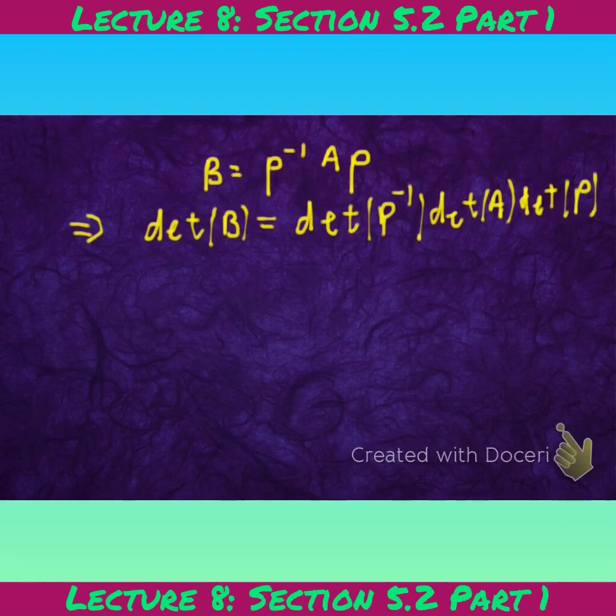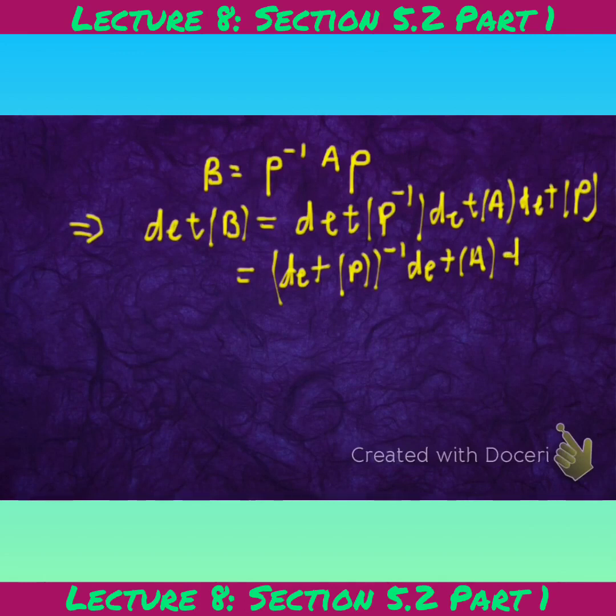Okay, and those are all real numbers. So we're left with the determinant of P inverse, multiplied by the determinant of A, multiplied by the determinant of P, and therefore that becomes the determinant of A. So that's one property that's invariant under this similarity transformation.